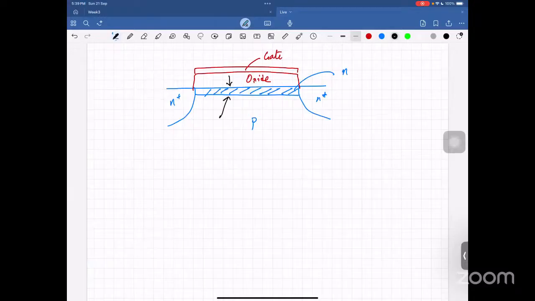It will be hardly a few nanometers, let's say 3 to 5 nanometers or something like that. It looks like it's very big, but it is typically a very small region of space. If you look at the actual solutions of inversion charge densities on the slides, you will see that the distance is very, very small.